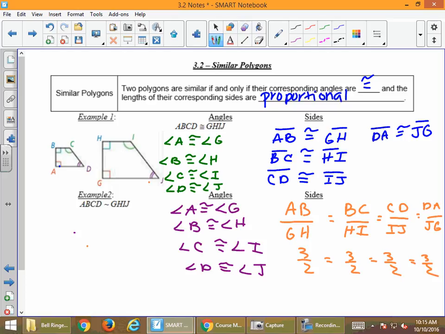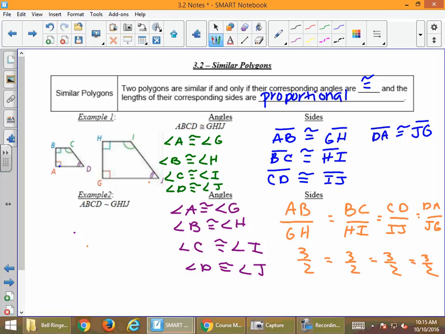You know they're similar because you get the same fraction every single time after you simplify. If you don't, then you know they're not similar. It's going to be the same every single time in order for them to be similar. If they're not, then the figures aren't similar.